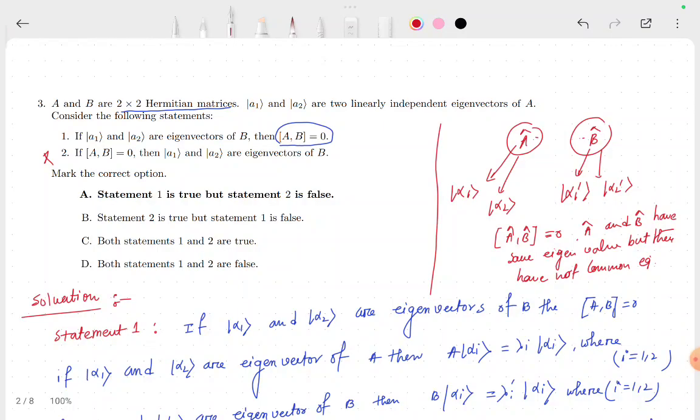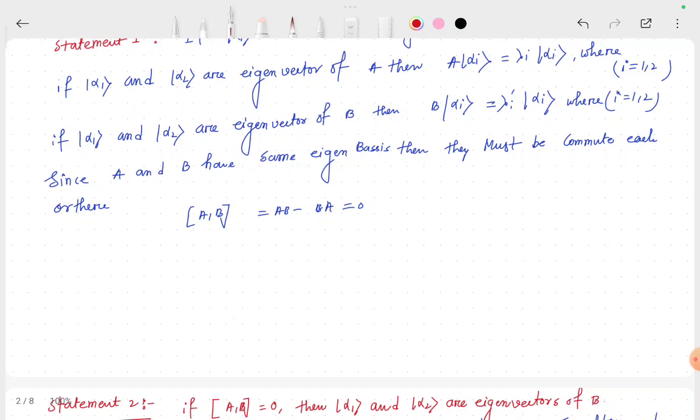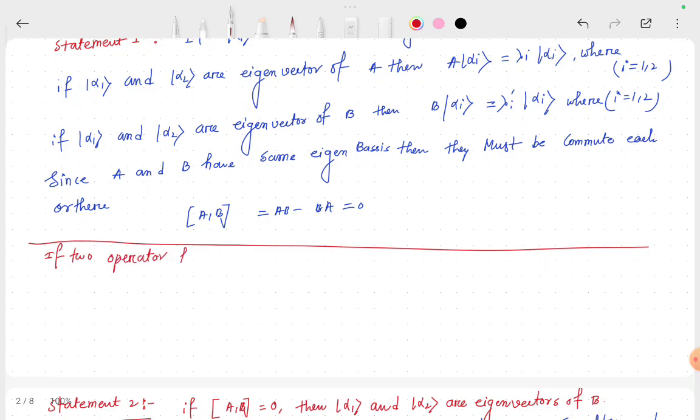So please remember this. Two important notes. If two operators have common eigenfunctions, then they must commute with each other.